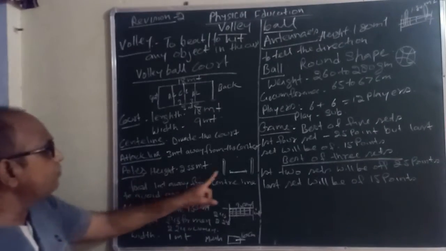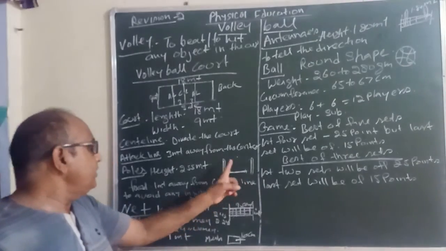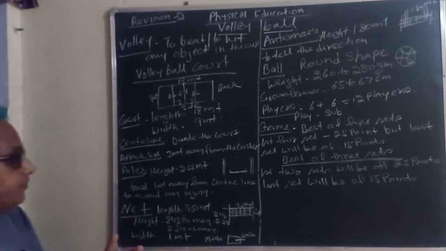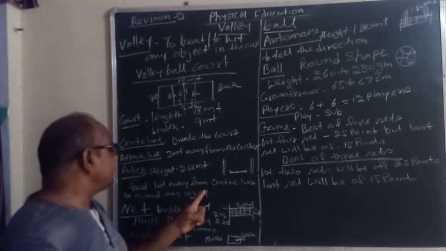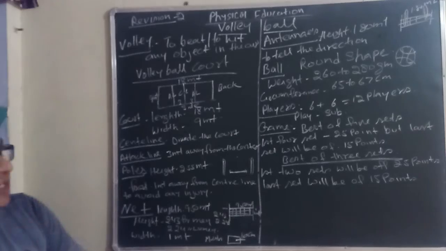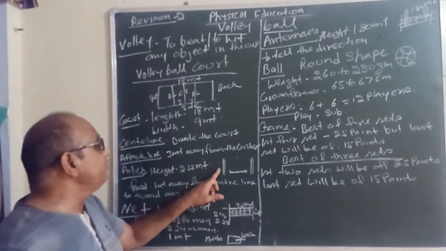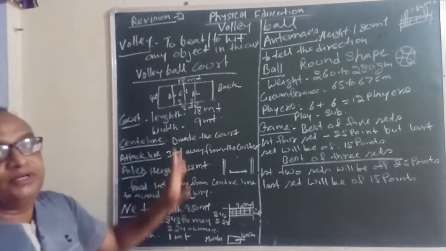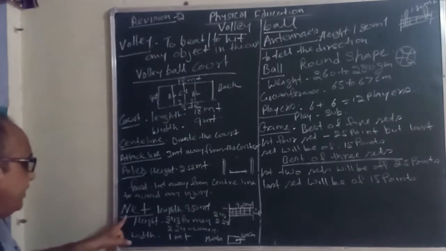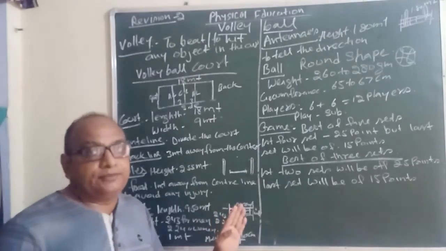And after that, you have to draw the picture of poles. There will be 2 poles and they will be fixed 1 meter away from the center line to avoid injuries, and its height will be 2.55 meter parallel to the ground. After that, you have to make the net.